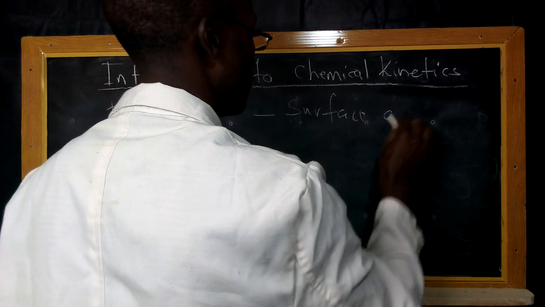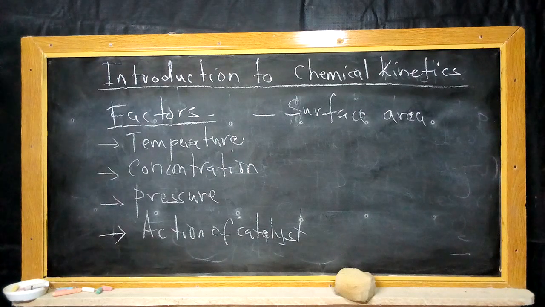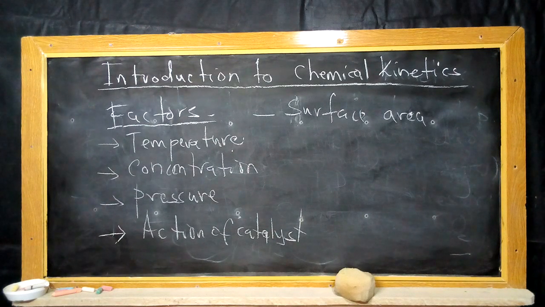This can be the surface area of the reactants or the products, especially when we are dealing with reversible reactions. So in this case, these factors are going to be very important, since they are the factors which are going to affect the rate of chemical reactions.